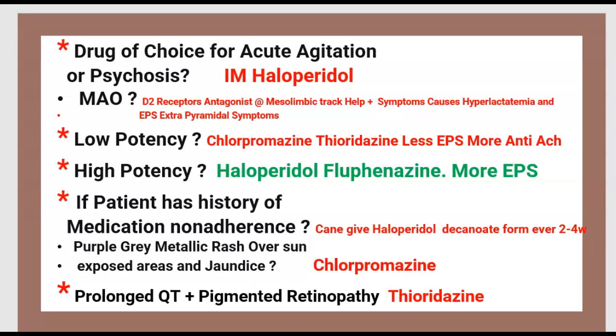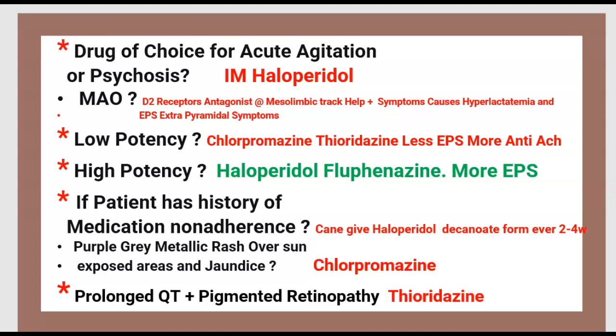Drug of choice for acute agitation or psychosis is haloperidol. D2 receptor antagonist at mesolimbic tract helps, plus side effects: hyperprolactinemia, extrapyramidal symptoms. Low potency: chlorpromazine, thioridazine, less extrapyramidal effect, more anticholinergic.